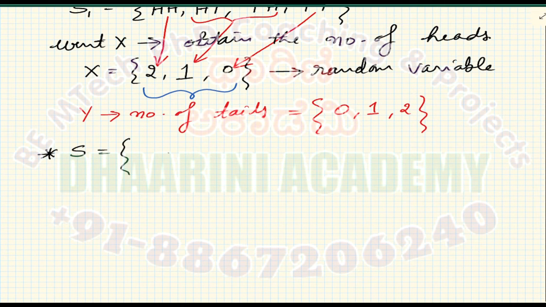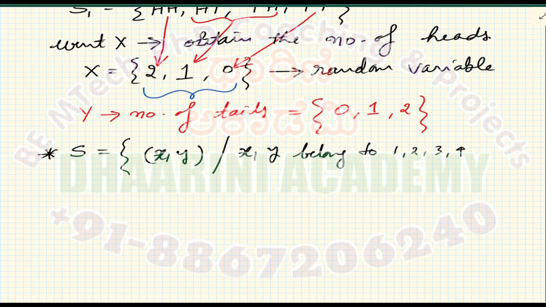Sample space S is equal to, this is mathematical notation, any (x, y) such that x and y belong to {1, 2, 3, 4, 5, 6}.